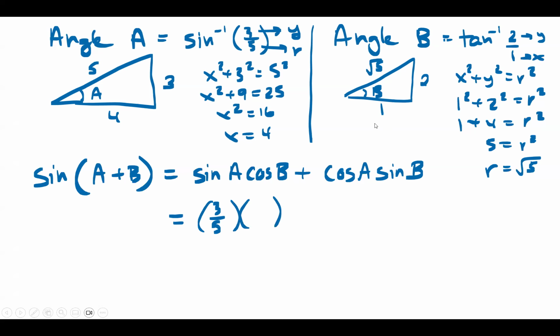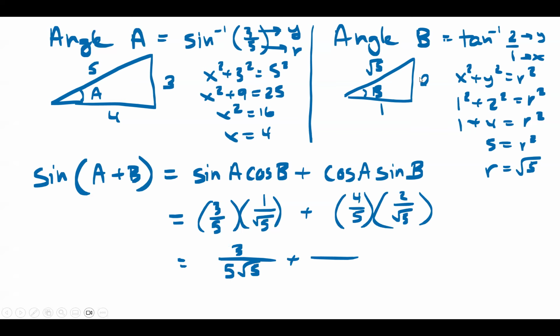Cosine of B, we go over here and look for my x value over R value, 1 over root 5. And then cosine of A, we go back to the first angle and look for x value over R value. Are we good there so far? Then we go back to angle B and figure out the y value over the R value. Then we multiply them together, and then we add them together. And then you know what? We're done. There it is.